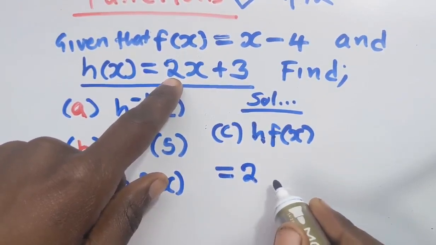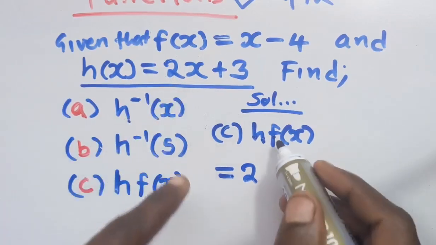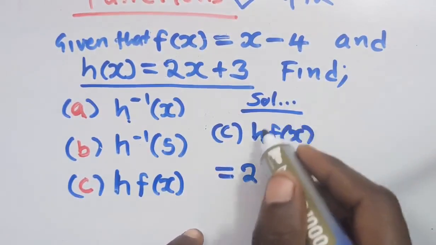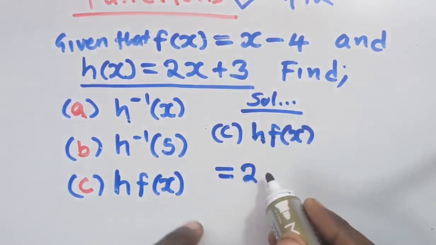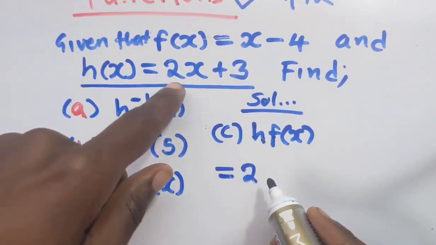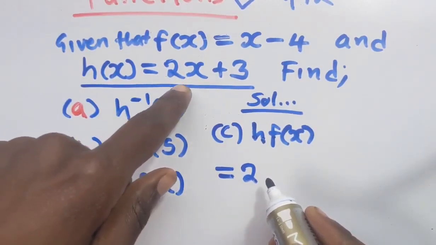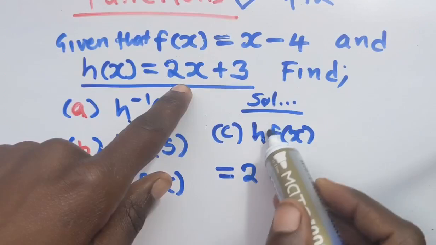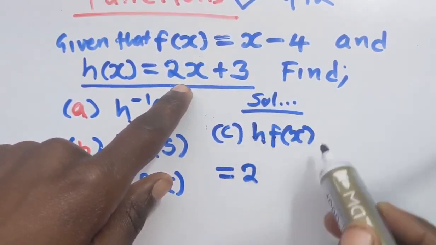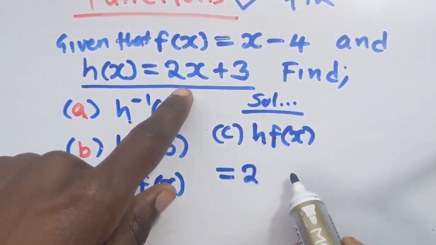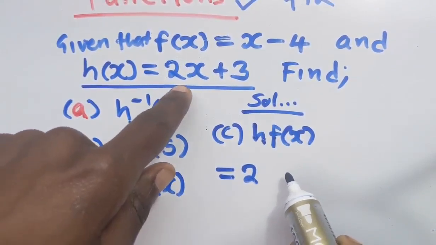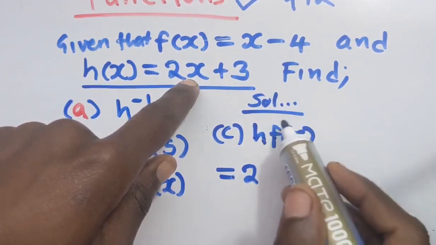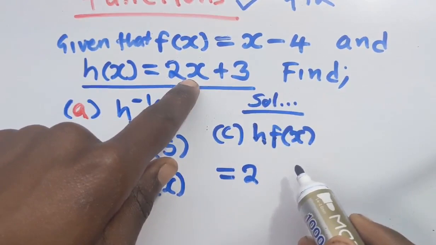What you need to remember is that since it is having f of x, where there is x in this function, make sure that you substitute the function f of x. That is what you are supposed to do.